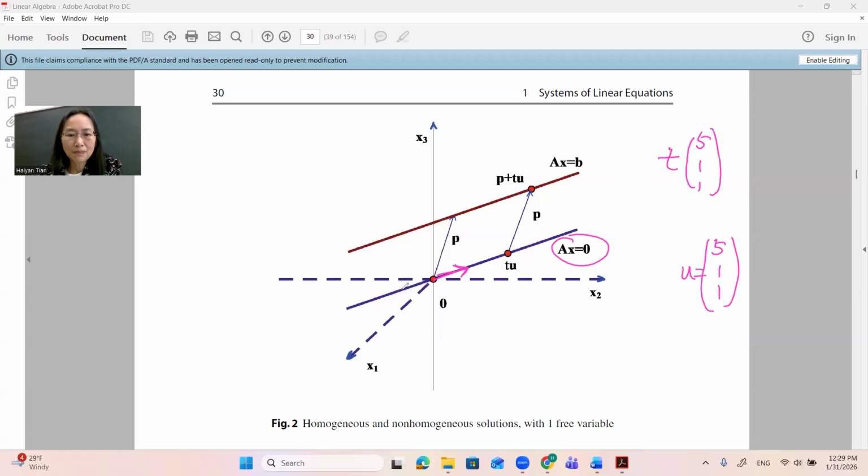So we can describe our solution along this line. In the U direction it can be twice as long as U or whatever, or negative 1 times U, or a negative multiple of U. As long as it's along this line, that is a solution of the homogeneous system. So this is the geometric meaning: all solutions form a line passing through U and the origin.